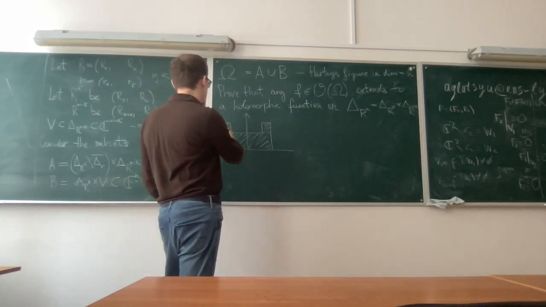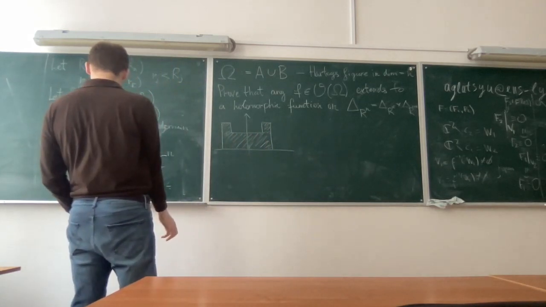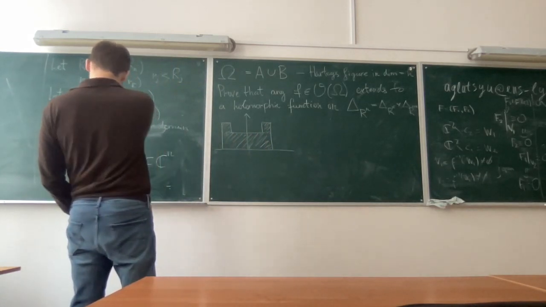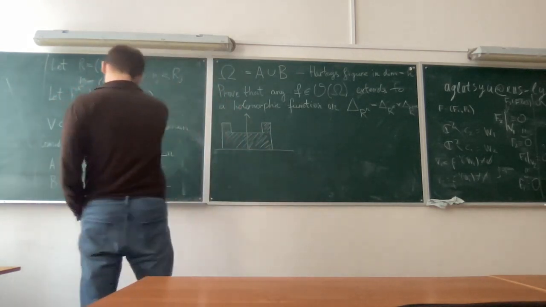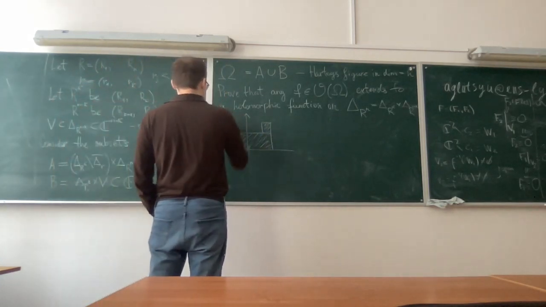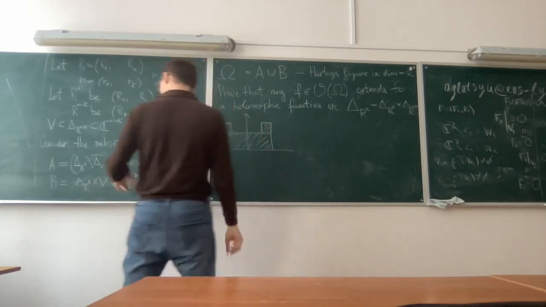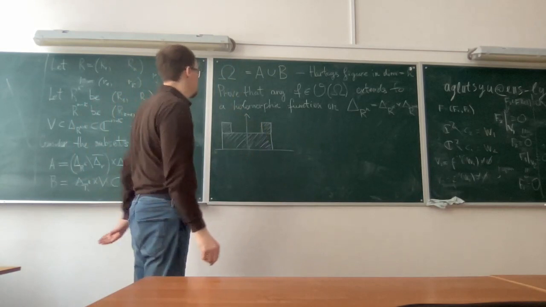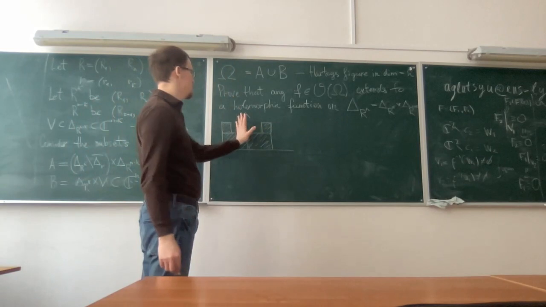So maybe just a two-dimensional picture is somehow representative of what happens in any dimension. So we have this B here, and A corresponds to this part. But you'll need somehow to rotate this picture around this axis.